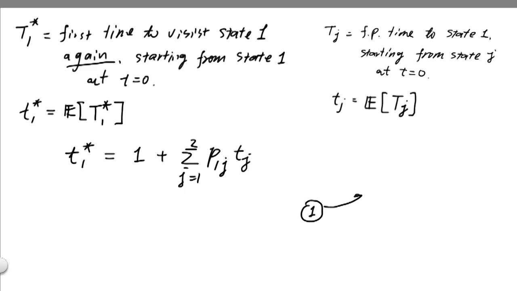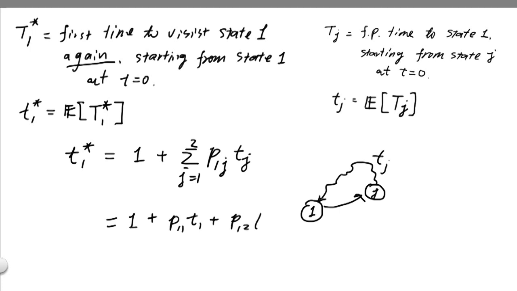We went to some other state, call it j, and from state j it goes around, and after expected time tj, we came back to state 1. This equation works because we are working with a Markov chain, whereby the time to reach some other state only depends on the current state, and that's why we're able to break down the recursion as follows. We write out the recursion, we get 1 plus P11 T1 plus P12 T2.